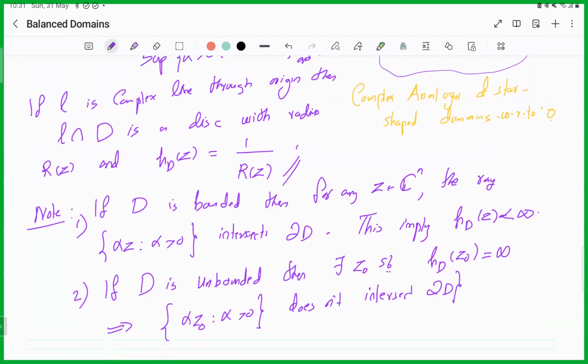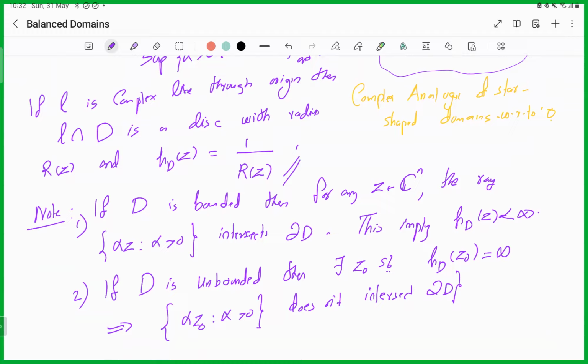If you take D as the upper half plane in R2, do we get some z naught such that H_D of z naught is infinite? Because we are focusing on balanced domains. Here in the second condition, you said D is unbounded.